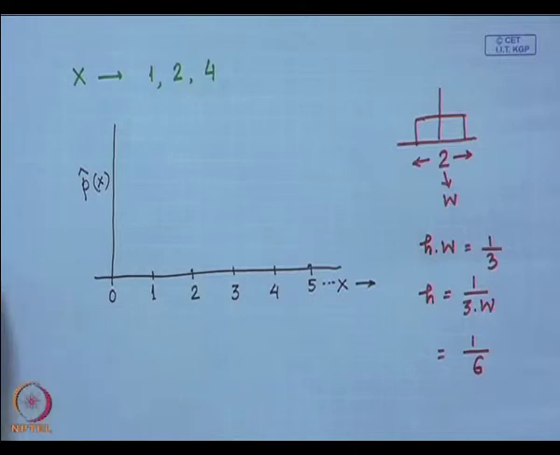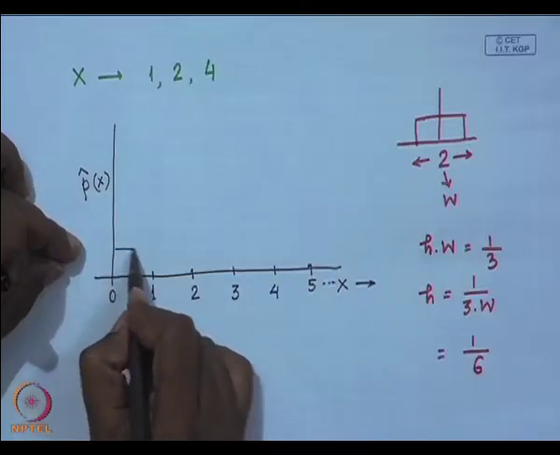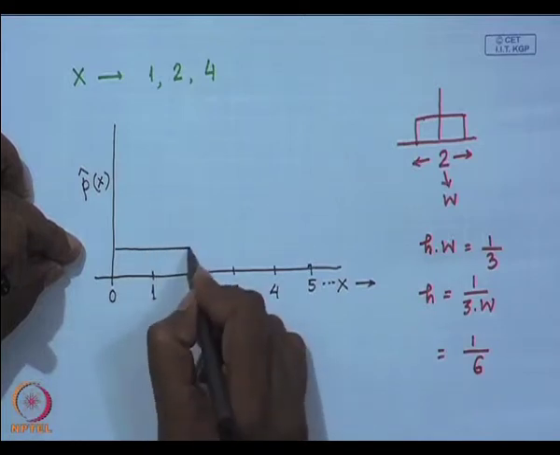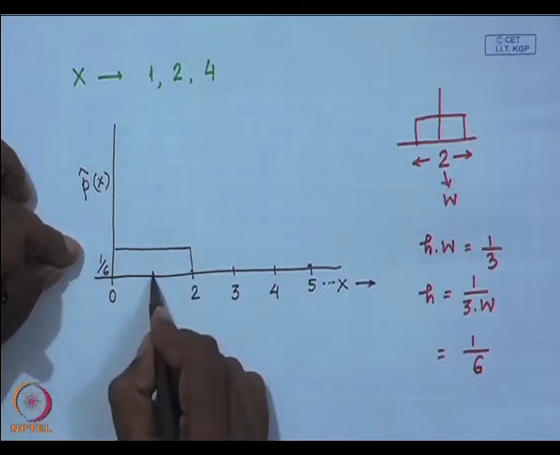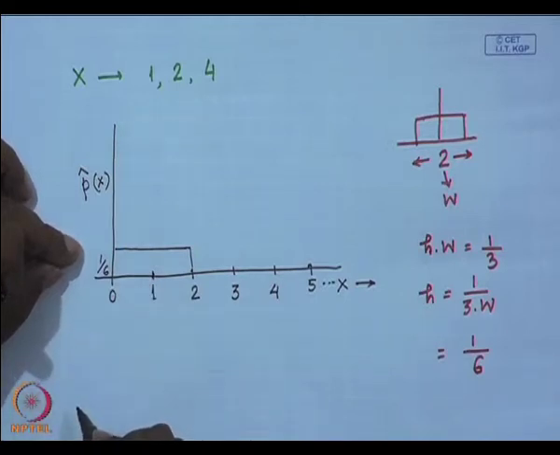And now, let us place such a window of width 2 and height 1/6, one at each of the sample locations. So, I have one window of width 2 and height 1/6, at location 1. At 2, I have another sample. So, at location 2, I have to put one such window again.